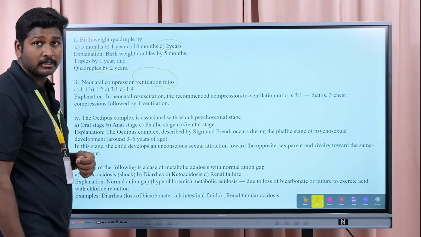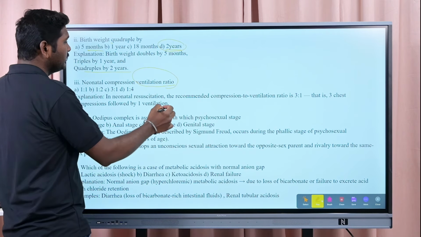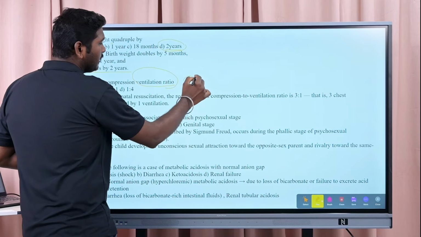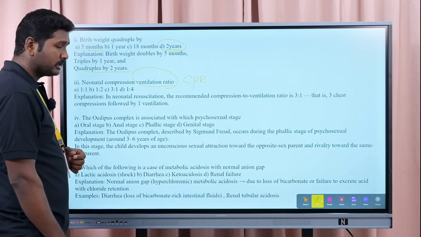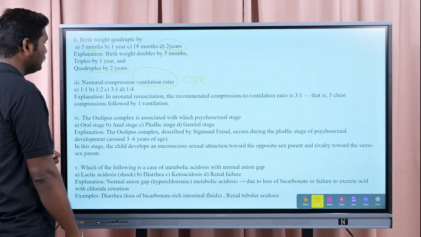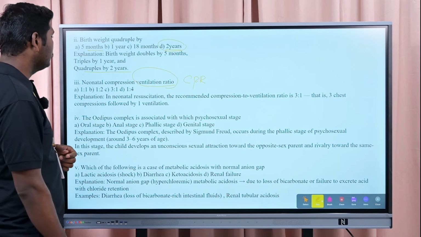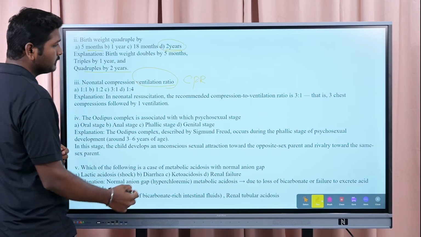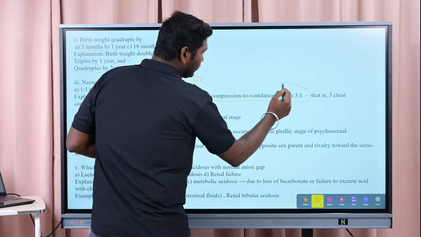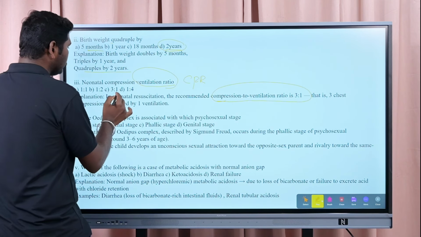And next is the neonatal compression to ventilation ratio. What is the ratio in neonatal CPR, cardiopulmonary resuscitation? A, 1:1, B, 1:2, C, 3:1, and D, 1:4. So what is the answer? The compression to ventilation ratio in neonates is 3:1.